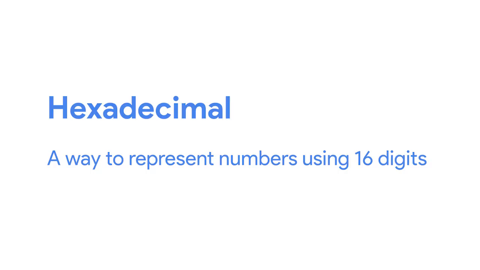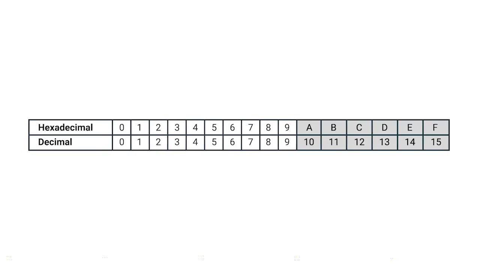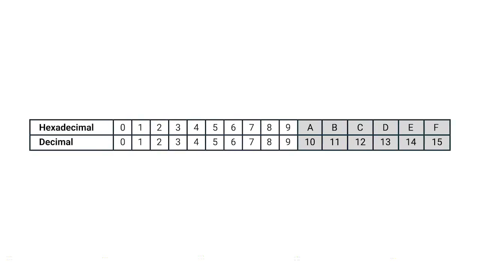Just like how binary is a way to represent numbers with only 2 digits, hexadecimal is a way to represent numbers using 16 digits. Since we don't have numerals to represent any individual digit larger than 9, hexadecimal numbers employ the letters A, B, C, D, E, and F to represent the numbers 10, 11, 12, 13, 14, and 15.